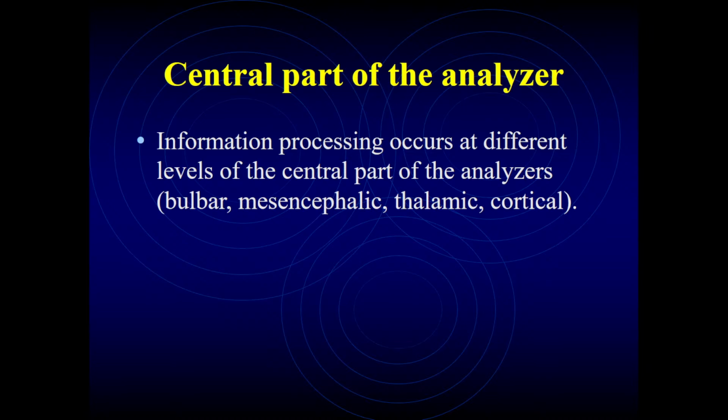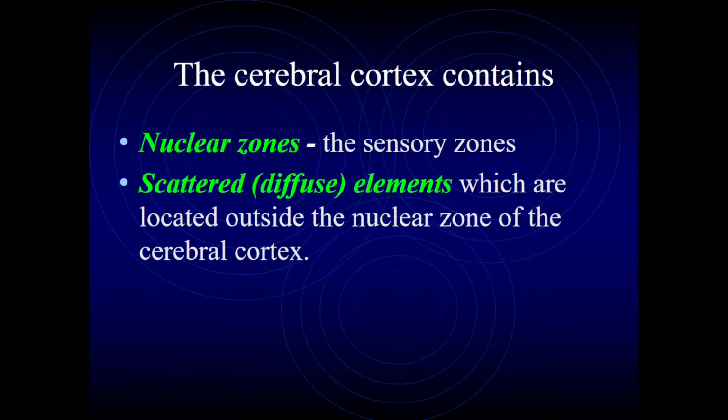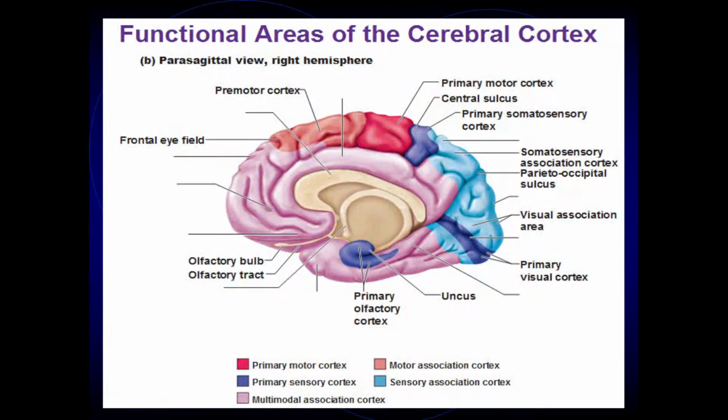The cortical part of an analyzer is represented by its nucleus or nuclear zone, and diffuse scattered elements. The nuclear zone or nucleus is an aggregation of neurons in a particular part of the cerebral cortex.